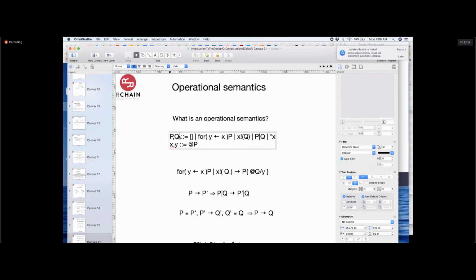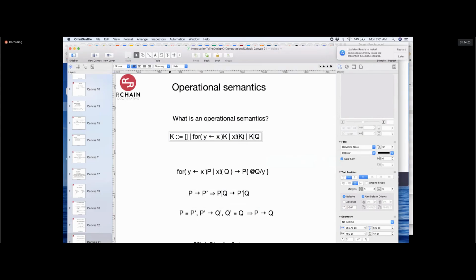So we're going to have a context K that is either a hole where we could put a process, or it's a for context, or it's an output context, or it's a par context. And we're getting rid of this one because it doesn't have any P's in it. And then we can get rid of this.